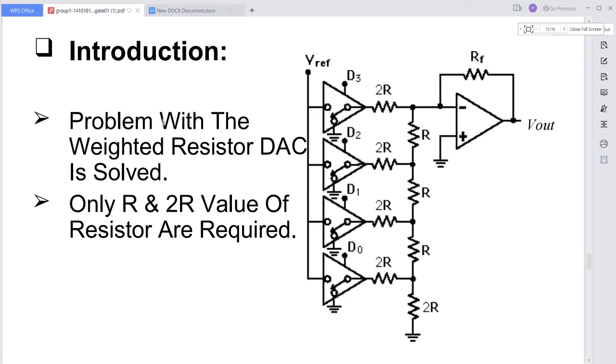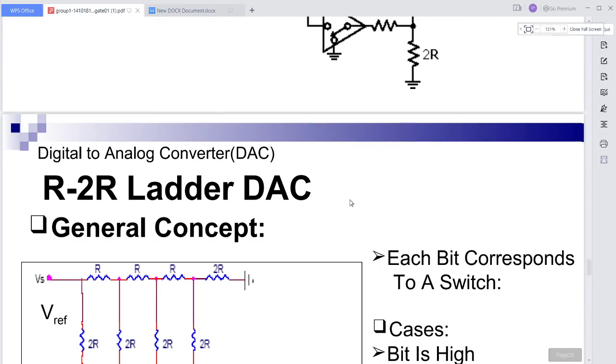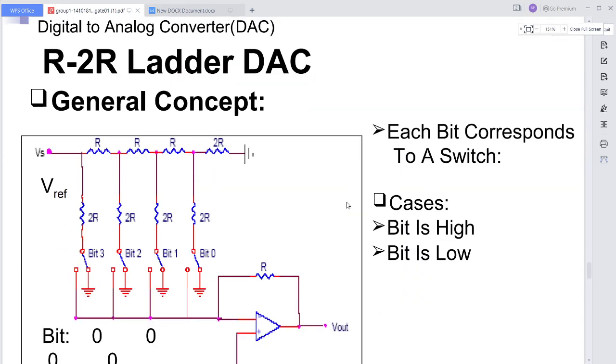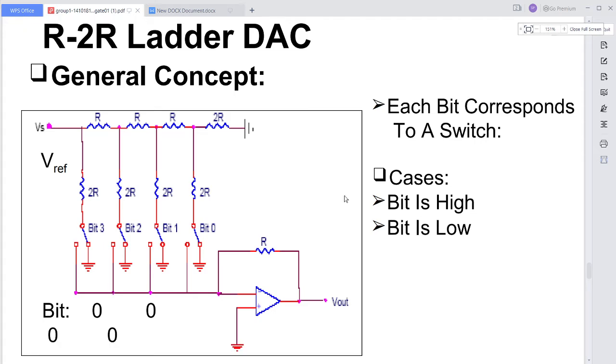So the problem with the weighted resistor digital to analog converter can be solved by selecting only two resistors, such as R and 2R only. Then we go with the operation of the R to 2R ladder type DAC.